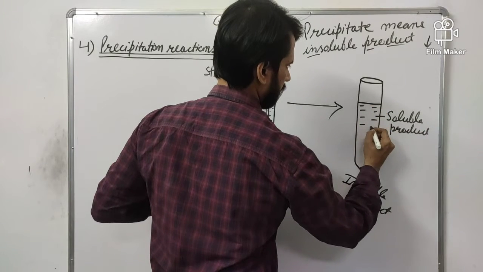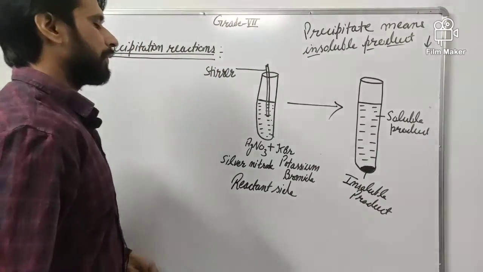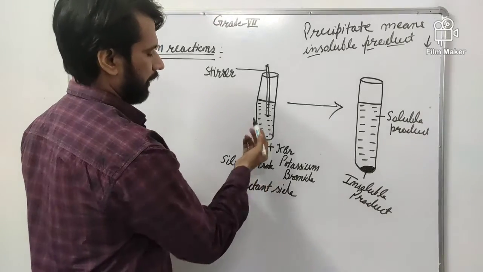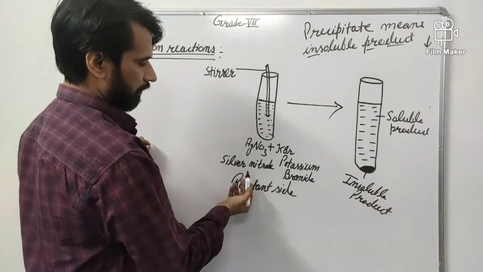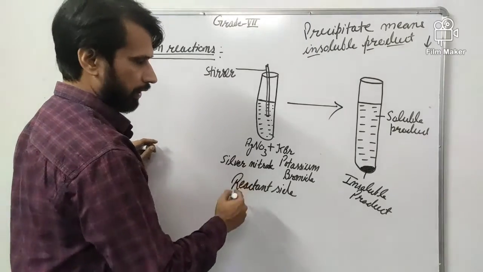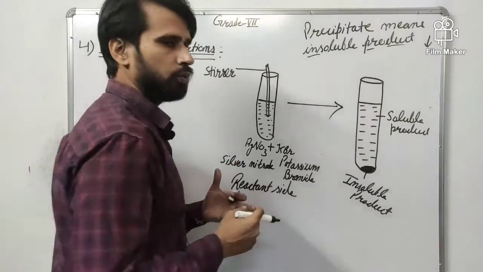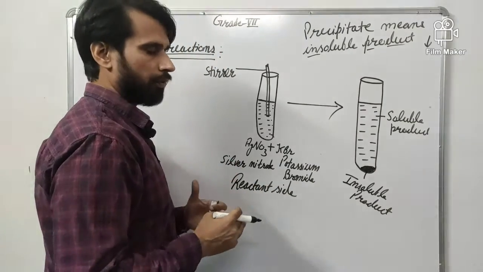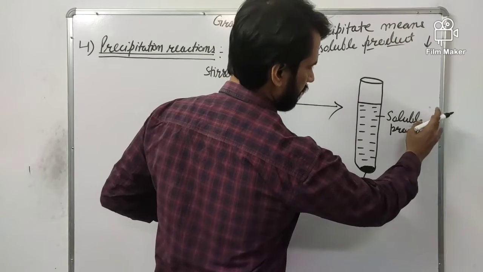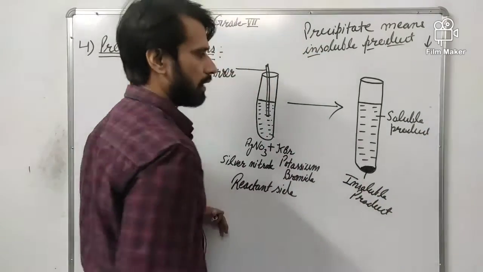So we have two salts in a test tube: AgNO3, silver nitrate, and potassium bromide, KBr. These two are reactants. A chemical reaction happens. After the chemical reaction we have two new substances with different properties. One is a soluble product, and the second is an insoluble product.